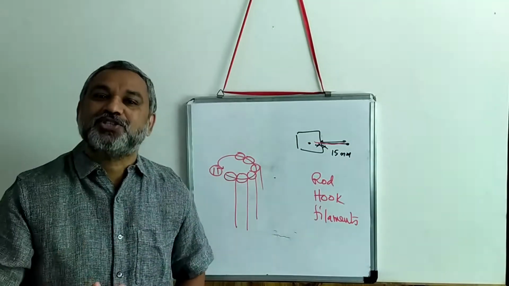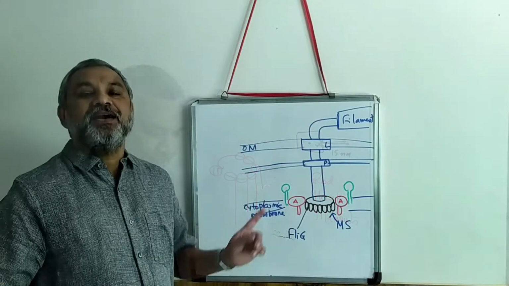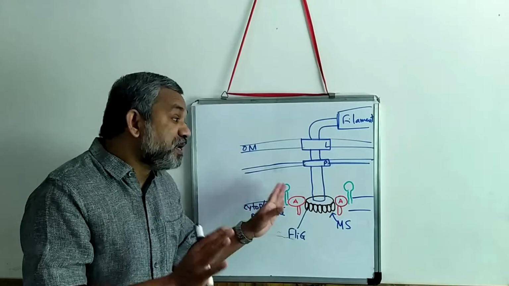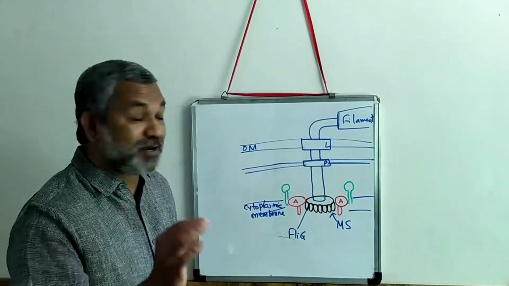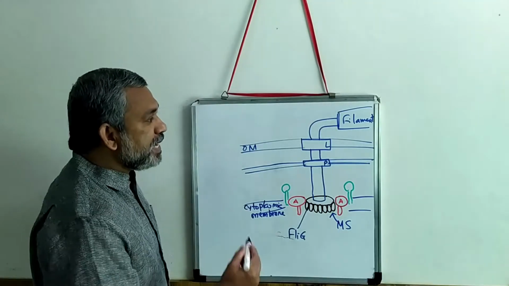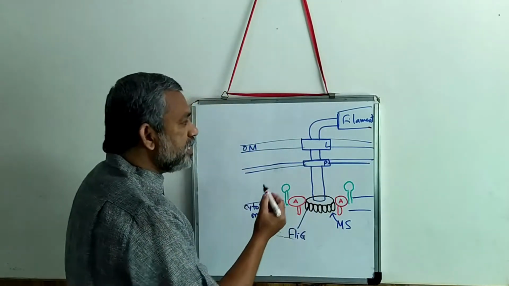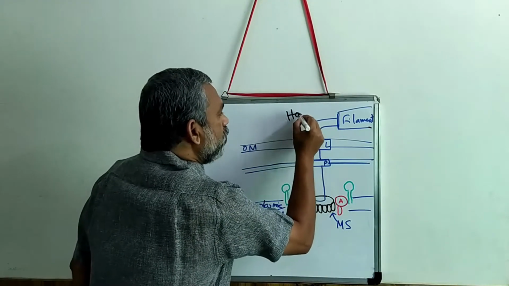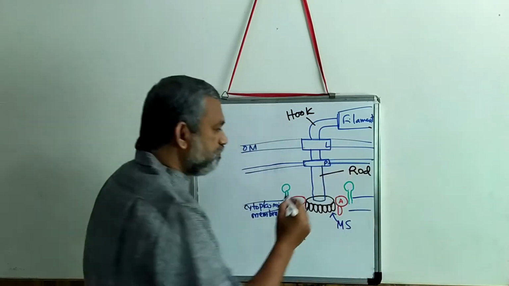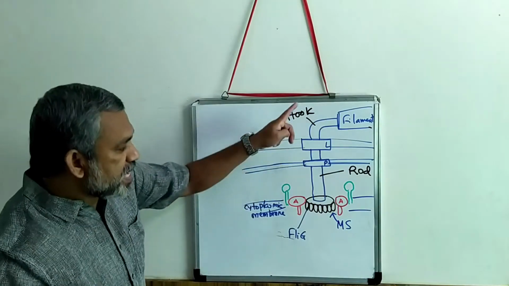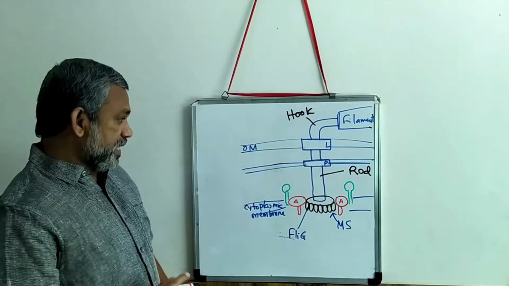Let us look at the structure of this motor. This is a very brief diagram of the flagella. You can see that this is the filament, this portion is called the hook, and this is the rod. These are the three areas of the flagella.